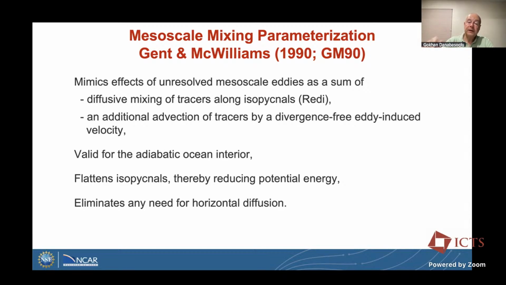It's not valid in the upper ocean or near the boundaries, where it is not adiabatic, it's diabatic. It acts to flatten isopycnals, and therefore it reduces potential energy. And with the advection term and the diffusion term, it eliminates any need for pure horizontal diffusion. That was the case prior to this particular parameterization.